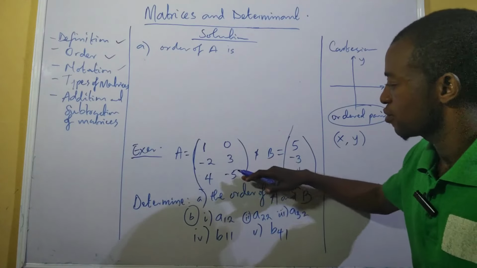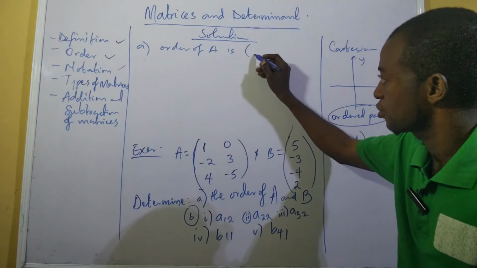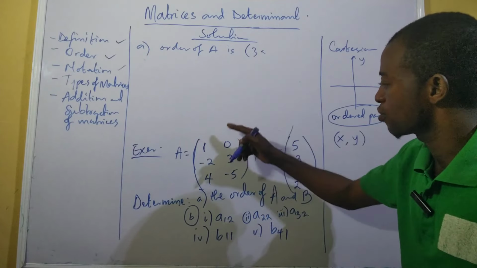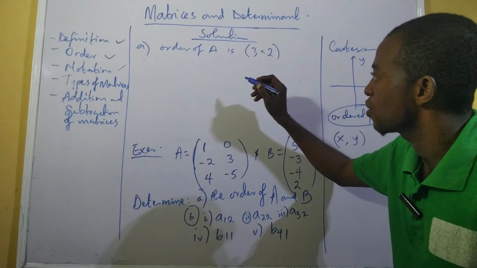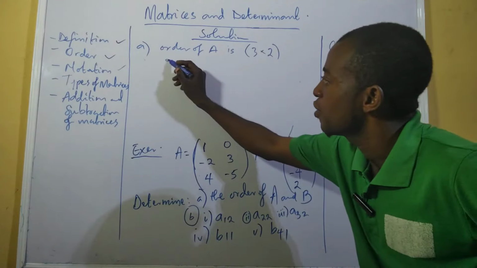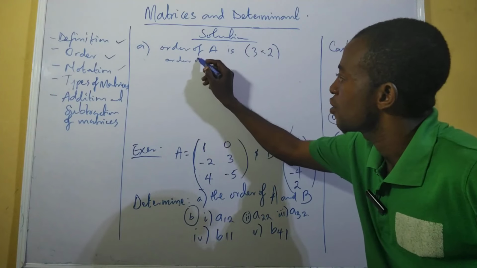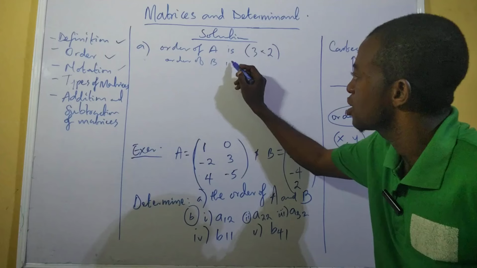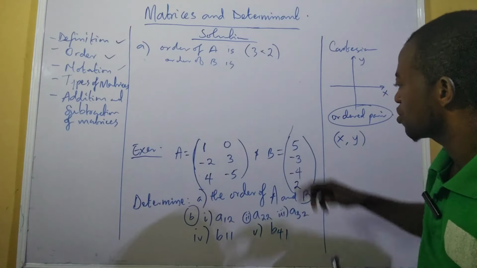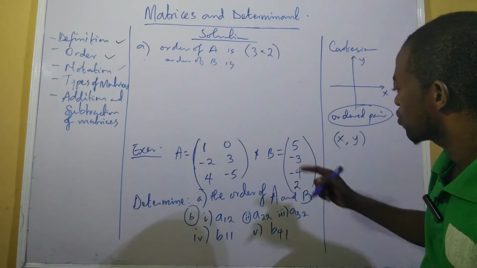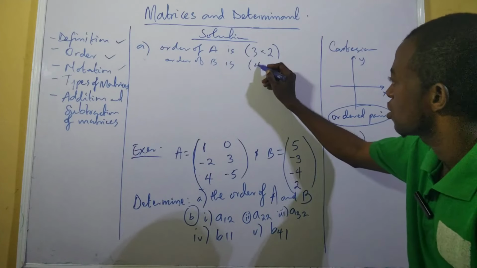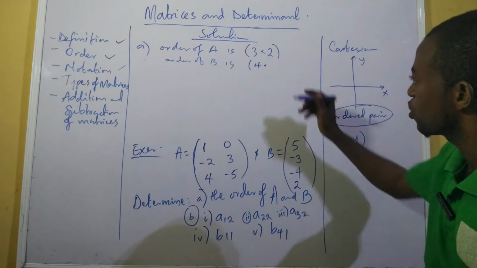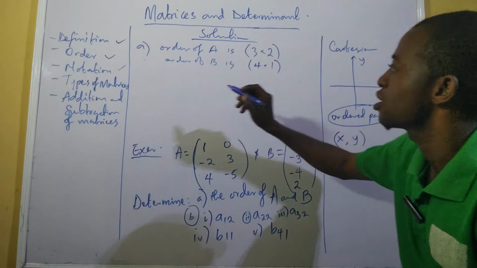We have 3 rows by how many columns? 2 columns. So that's 3 by 2. That's the order of A. Then the order of matrix B: how many rows? Look at it. We have 1, 2, 3, 4. 4 by how many columns? Just 1 column. 4 by 1.